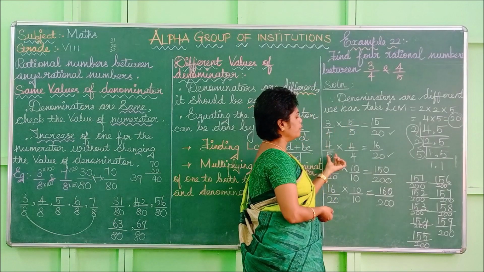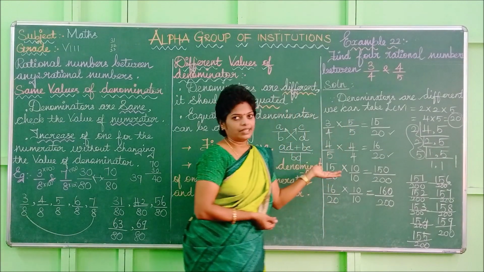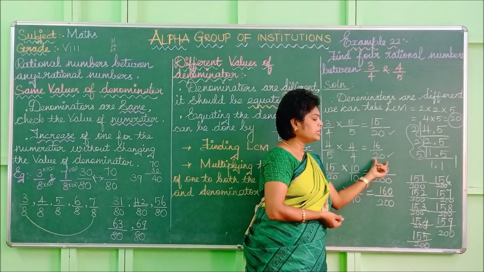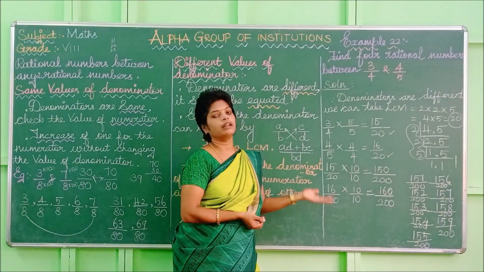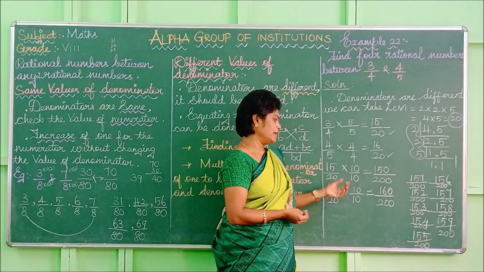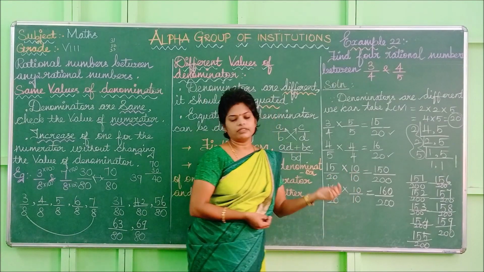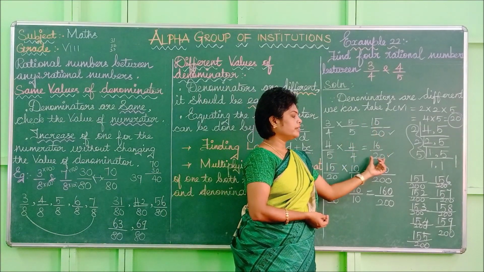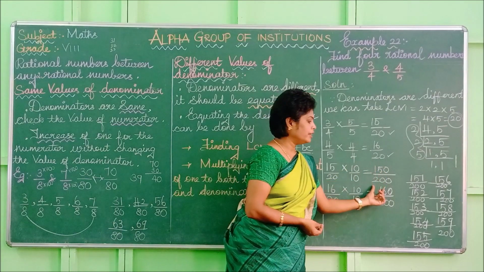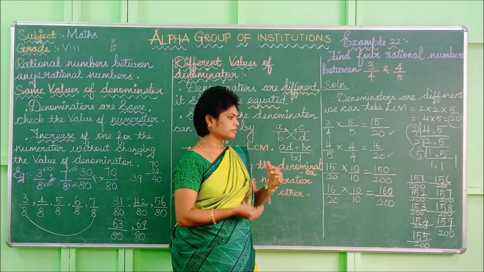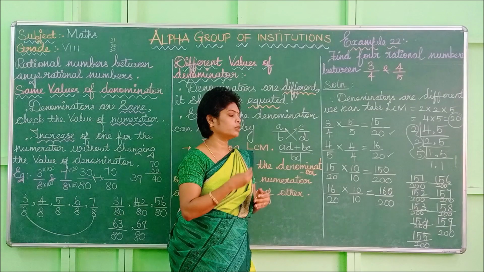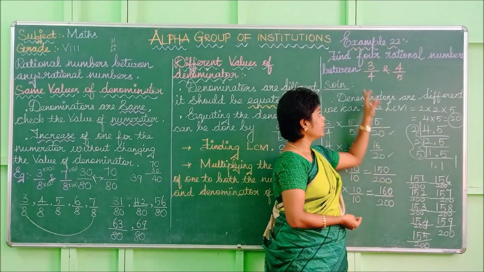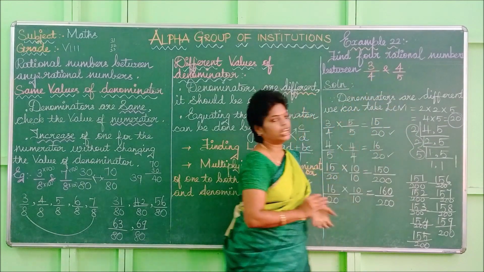These can be written as 15 by 20 and 16 by 20, from which we cannot write 4 rational numbers. So again we multiply both numerator and denominator by 10 and get 150 by 200 and 160 by 200. There will be 9 rational numbers there, and from these you can select and write 4 rational numbers.